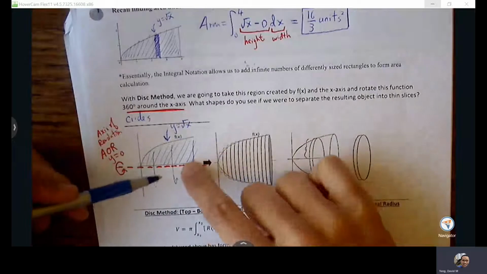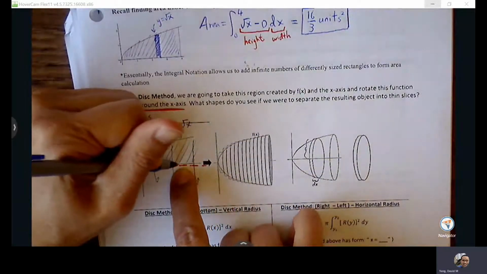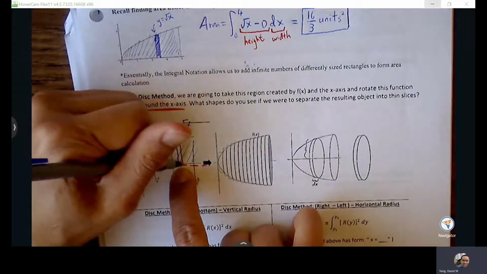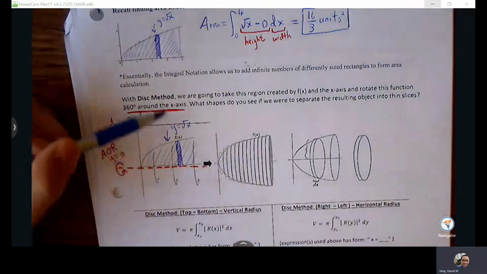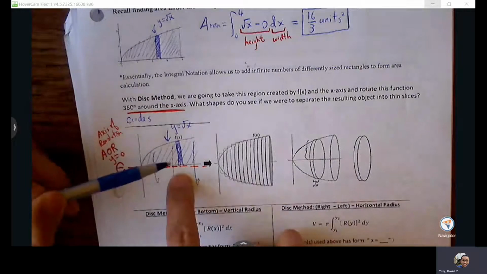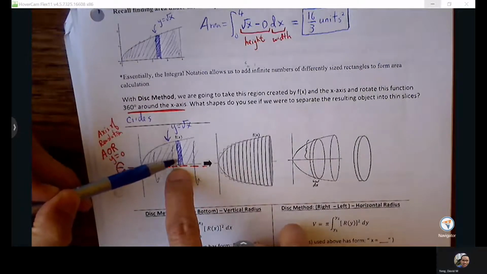Now, we're also going to draw this distance between the dotted line and the boundary. But now this is no longer going to represent the height of a rectangle. This is now circle related. So any idea what this now represents for the circle? Radius.